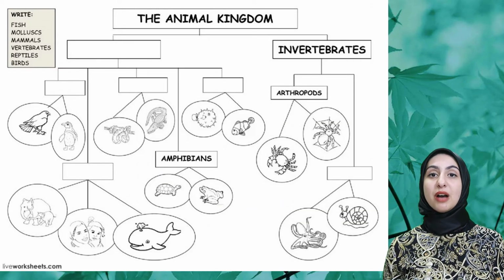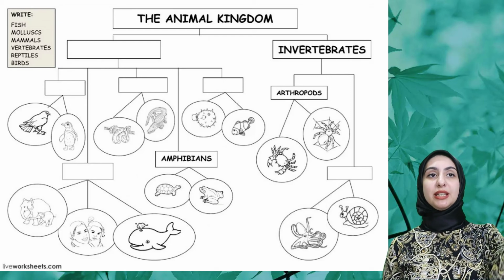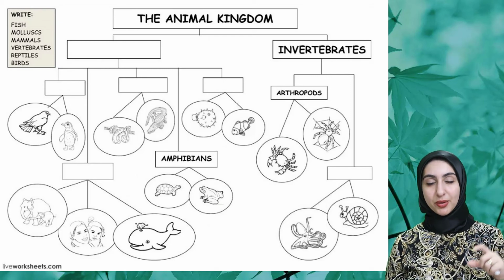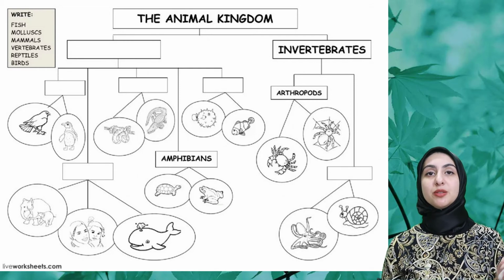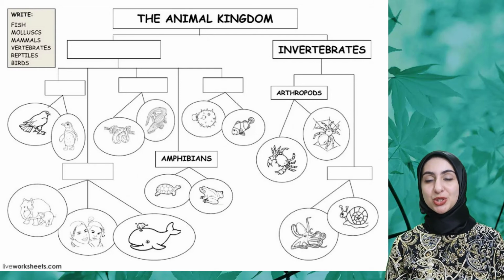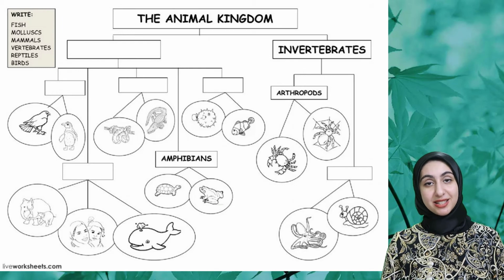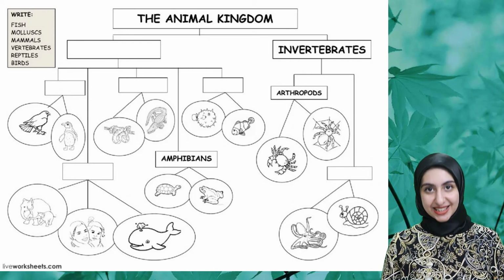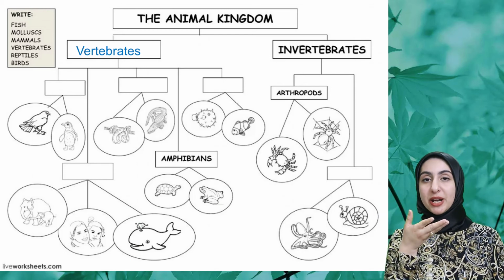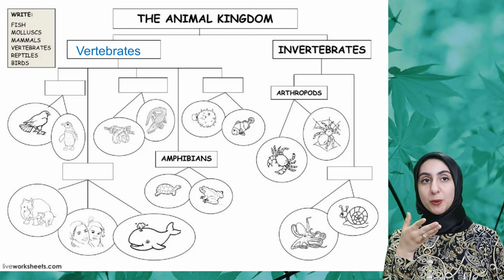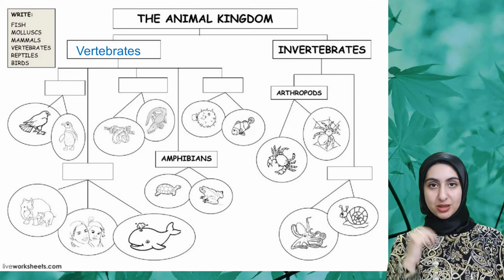Okay, here we have a diagram. We need to put these words in the boxes on the diagram. The animal kingdom is divided into 2 main groups, which are invertebrates and, yes, exactly, vertebrates. The vertebrates group is divided into 5 classes, right?